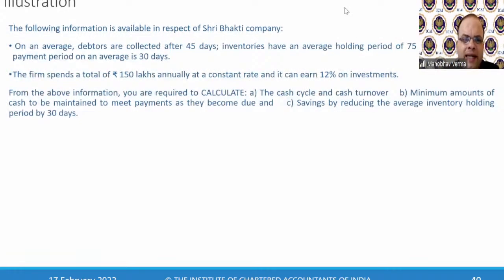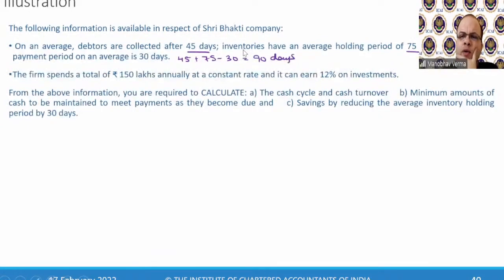Guys, are we getting 90 days here? So let's see. The debtors are collected at 45 days, inventory is 75, and the creditors 30. So I think you're calculating 45 plus 75 minus 30. So 90 days is a good answer for us. Okay, that's okay, guys. So what about the second aspect?